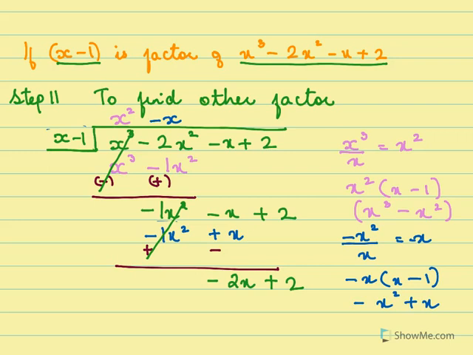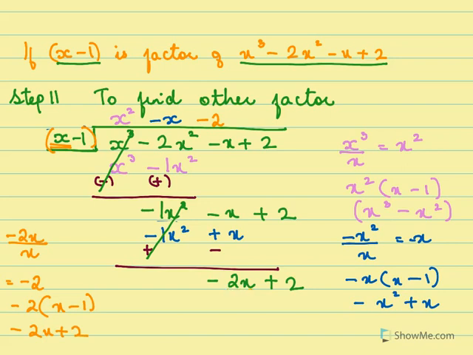Now again for the same step, you take the first term here and the first term here and divide. So minus 2x over x equal to minus 2. So you write minus 2. Now multiply minus 2 into this entire bracket. So minus 2 into x minus 1 means minus 2x plus 2.